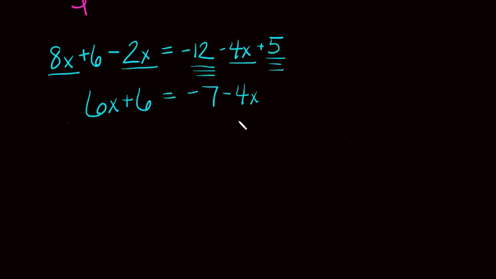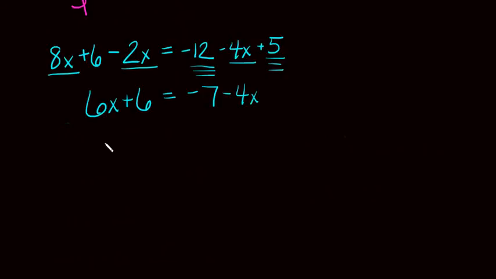Now let's do it again, and let's get our variables on the left and our constants over here on the right. So in order to do that, let's move our variable over first.